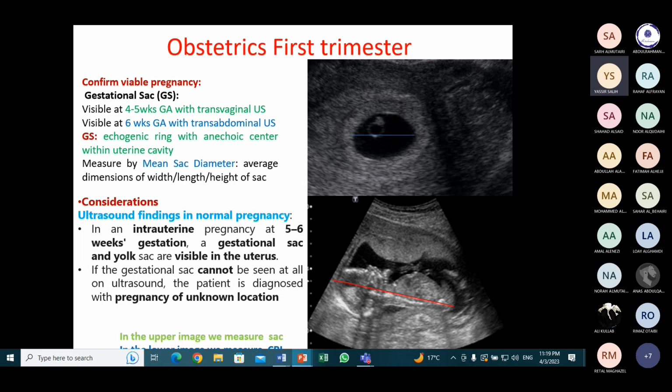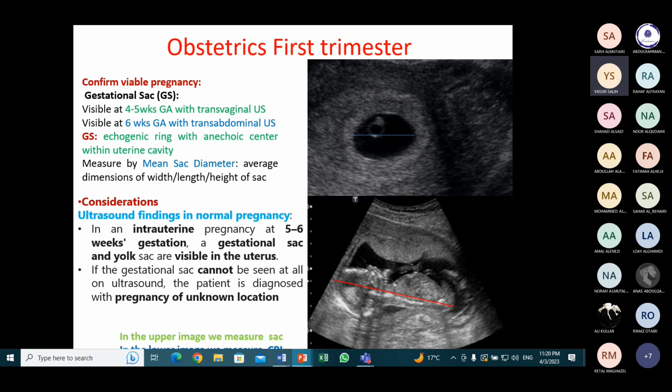Okay, if the patient presents with amenorrhea in early pregnancy, you have to do laboratory and imaging examination to confirm or to exclude pregnancy. So we will do the HCG from serum or urine.